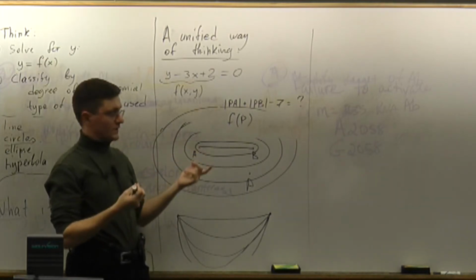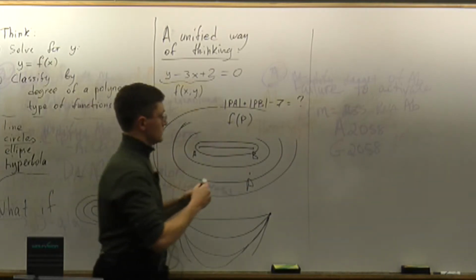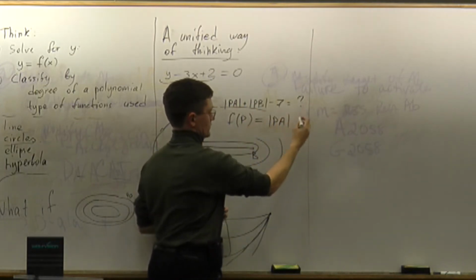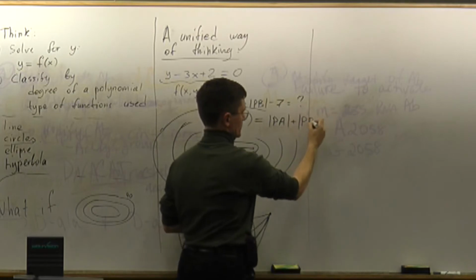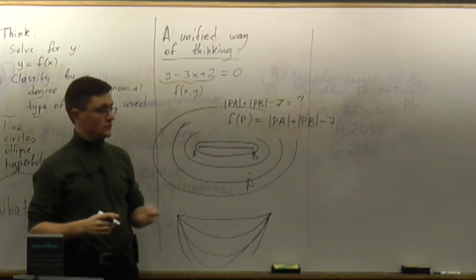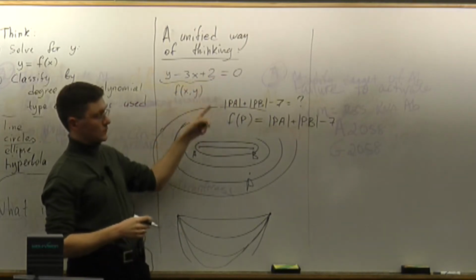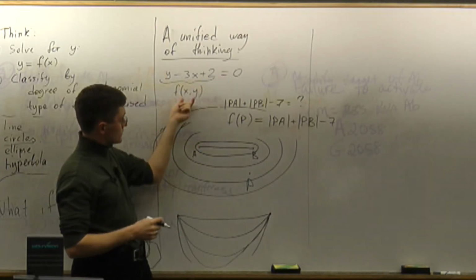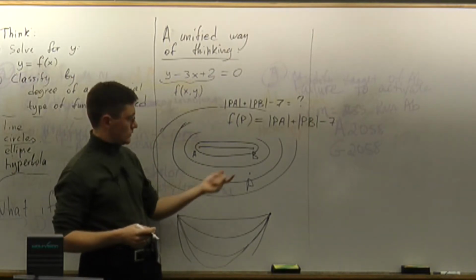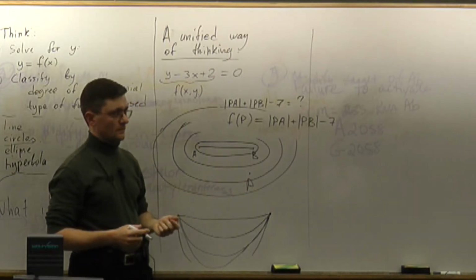So the value of the number assigned to this point P is equal to the distance from P to A plus the distance from P to B minus 7. That's the formula. It's not as algebraic as that other formula. It doesn't contain those x and y variables yet. But it's a formula. It's a way to assign a number to any point.